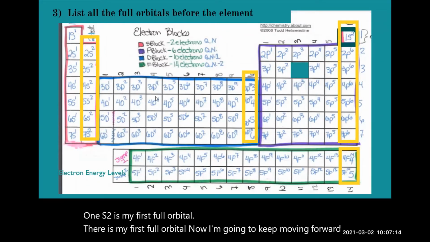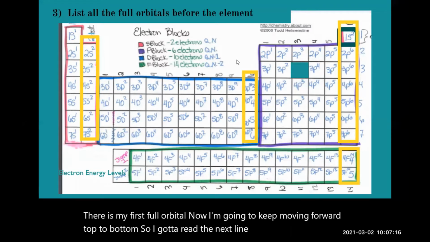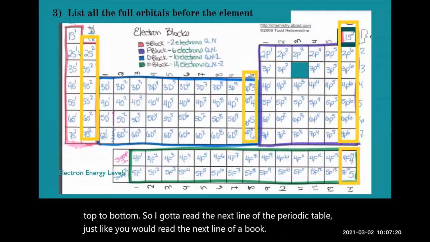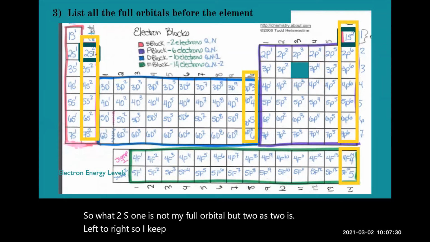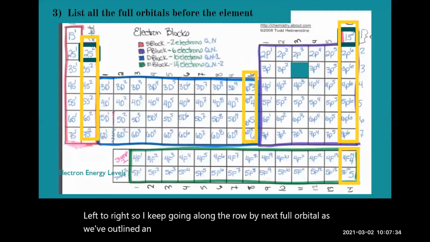So I've got to read the next line of the periodic table just like you would read the next line of a book. So 2s1 is not my full orbital, but 2s2 is. Going left to right, I keep going along the row. My next full orbital, as we've outlined, is the last column of every orbital block.